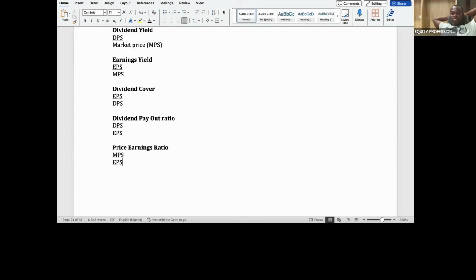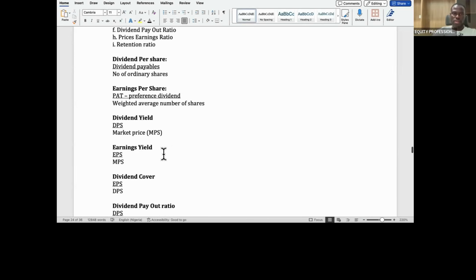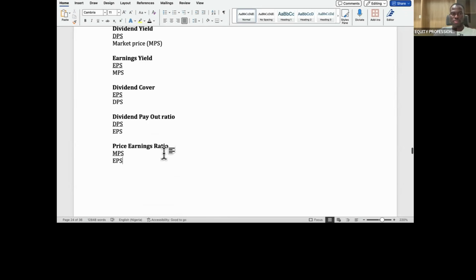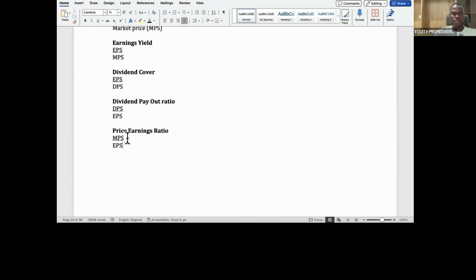So this is one of the simplest ratios whose formula you will know, because from the name you can get the formula. Price, market price; earnings, EPS. Price earnings ratio. How many ratios do you have left? Oh, just one. That means you're almost over.